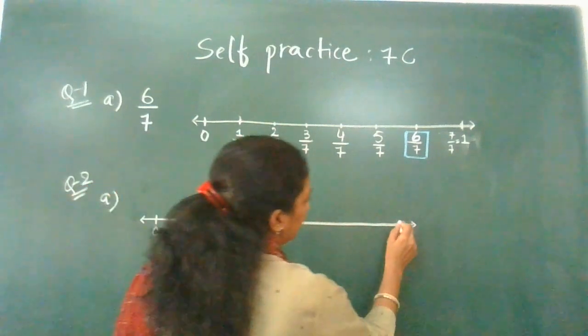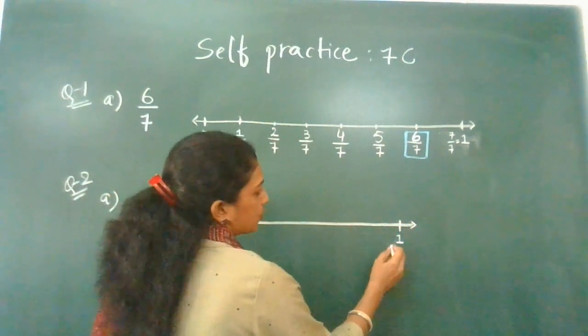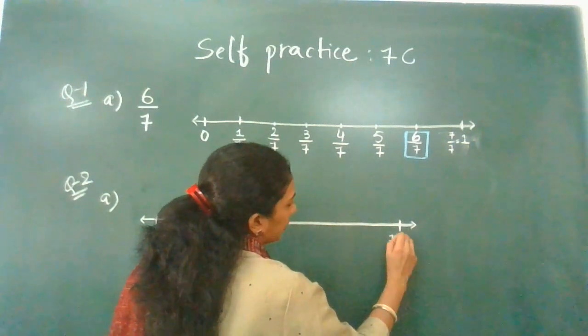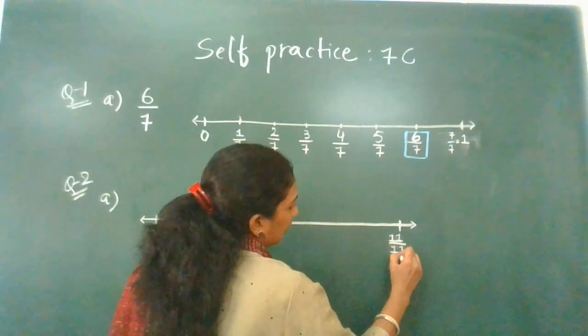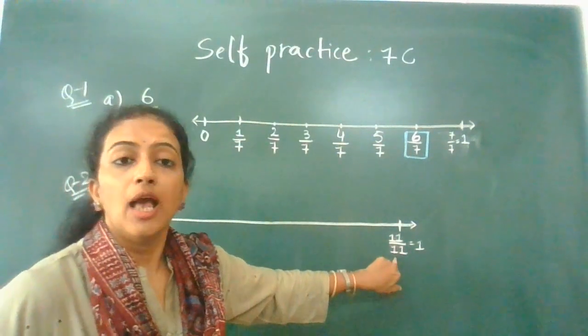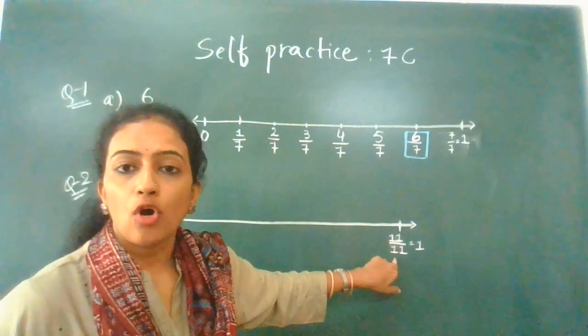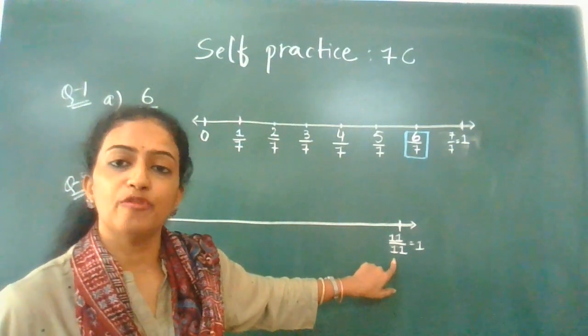Here is a 1. This is your 11th mark. So total 11 parts, and 11 out of 11 means 1. Why have I written 11 over here? Because my total markings are 11, and as we all know, the denominator represents the total number of parts.